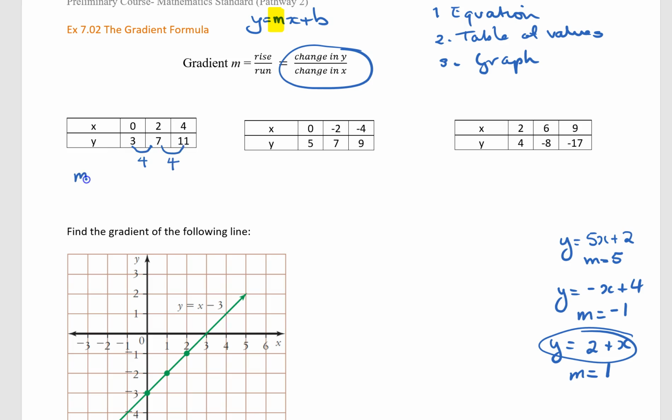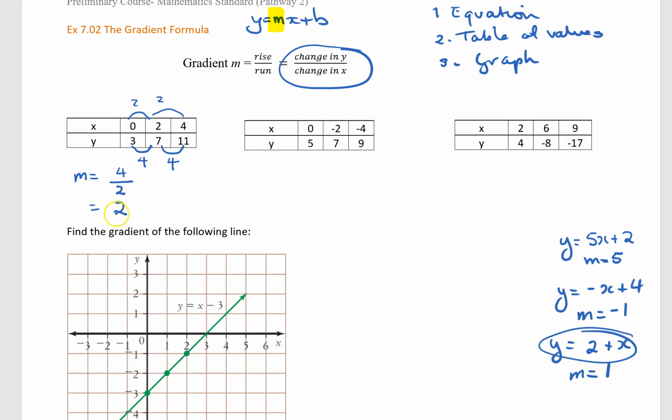So the change in the y value is 4. And the change in the x value from 0 to 2 is 2, from 2 to 4 is 2, is a plus 2. The gradient is 4 divided by 2, and you can do that on your calculator, and you'll see the gradient for that table of values is 2.